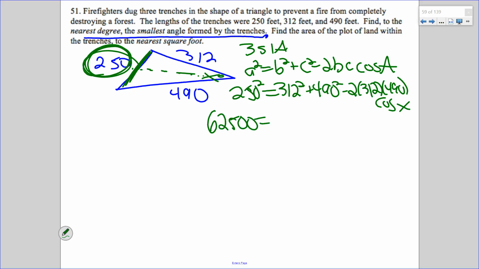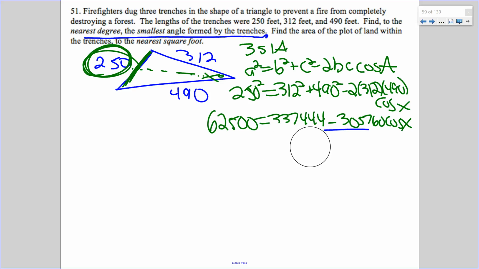I'm doing 312 squared plus 490 squared, which is 337,444. I'm doing 2 times 312 times 490, which is 305,760 cosine x. Now, in the equation, I have to isolate. I cannot combine these. Do not try to combine these.